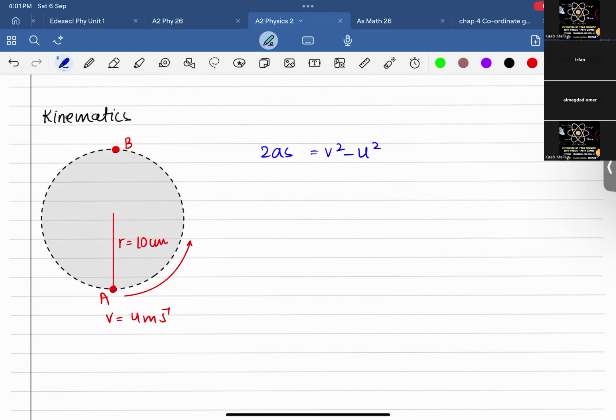We have to figure out what would be the velocity at point B, and then make the conclusion.